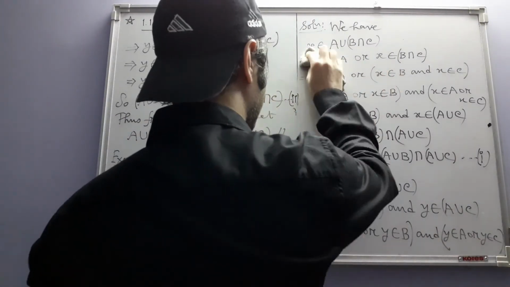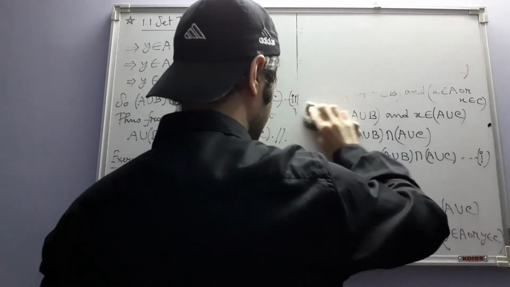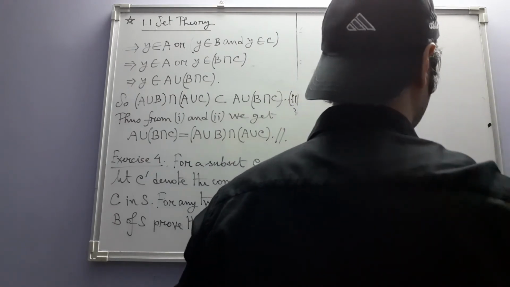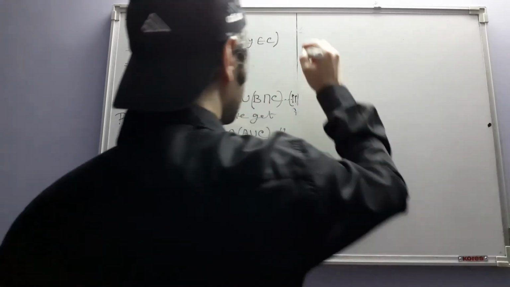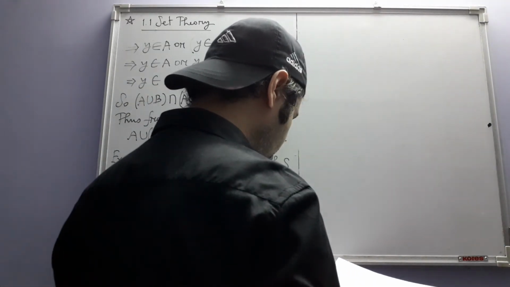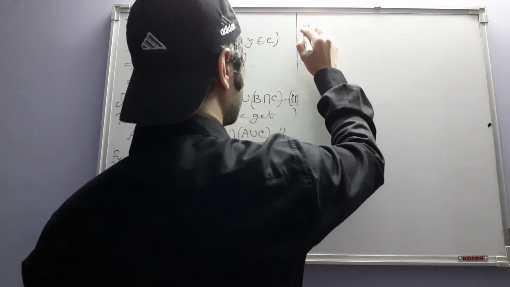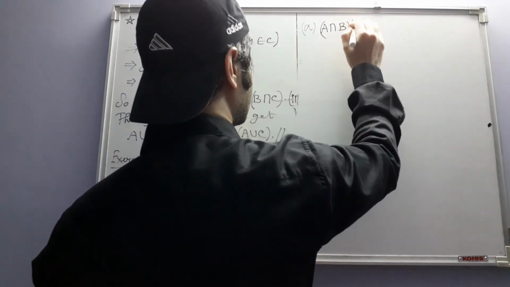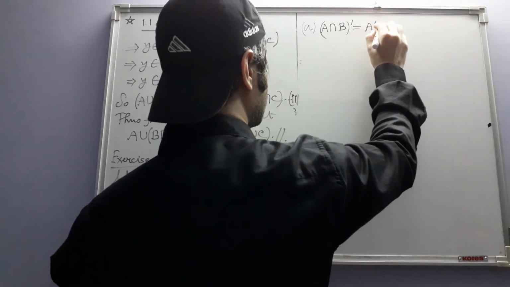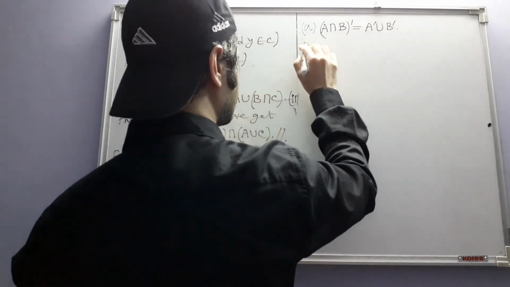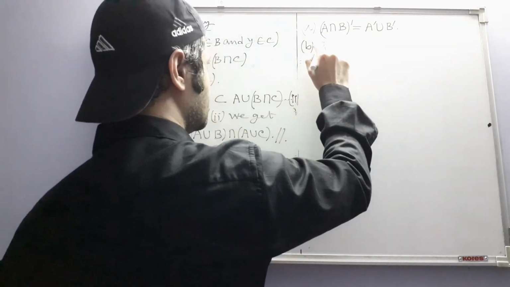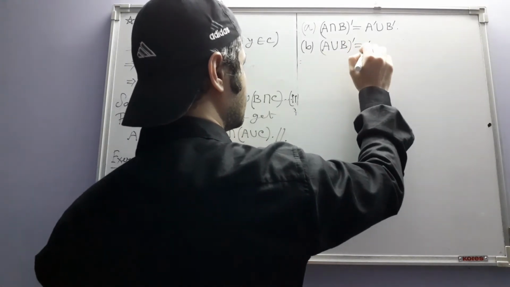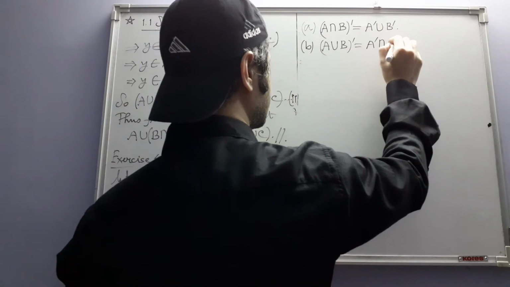They are very famous and very useful. They are named after the mathematician Augustus De Morgan, who introduced them. So the first one is this: complement of the intersection equals union of the complements, and the second one is just the opposite: complement of the union equals intersection of the complements.